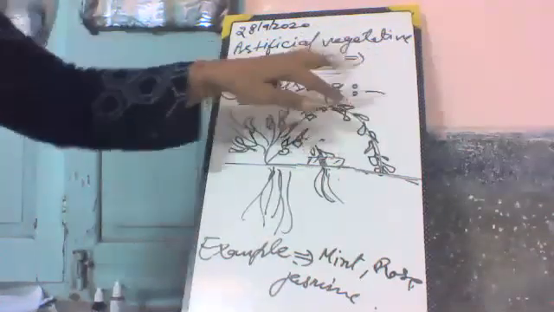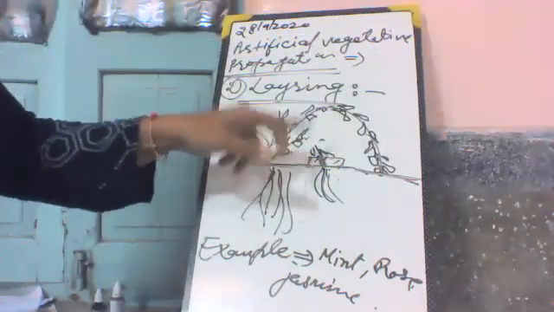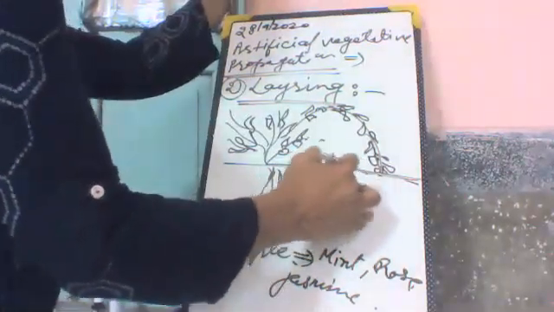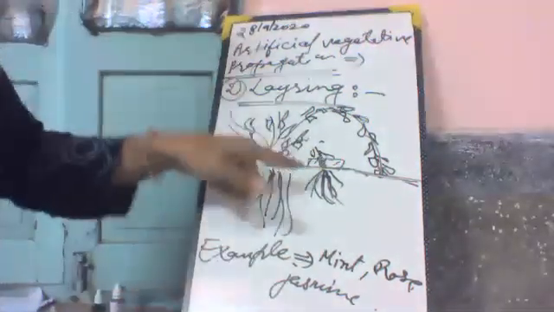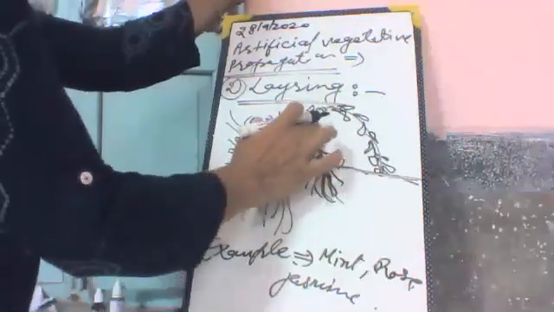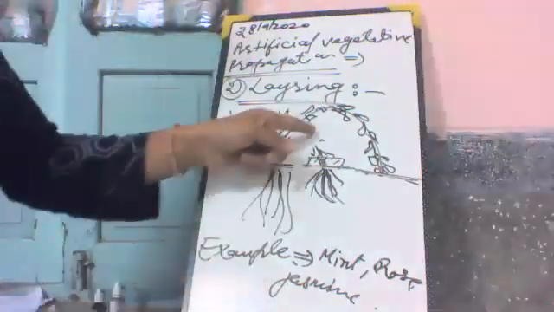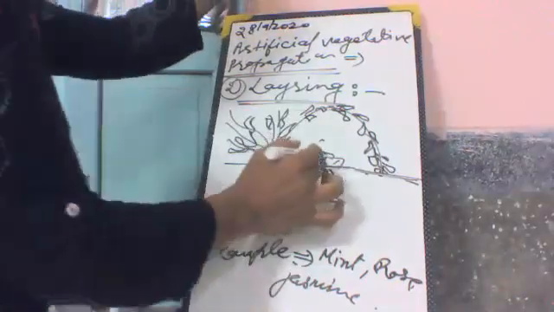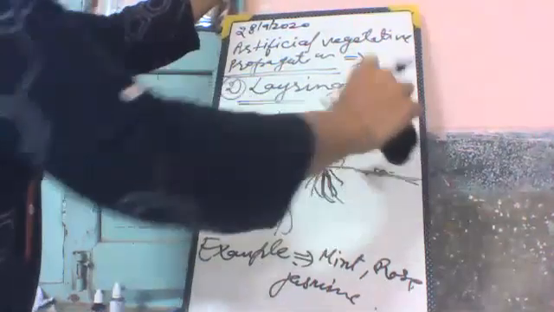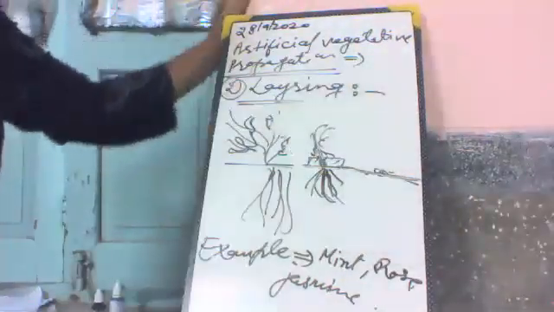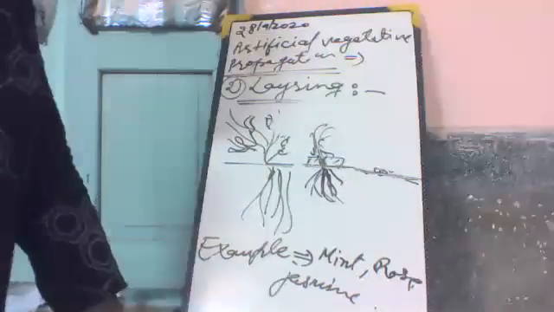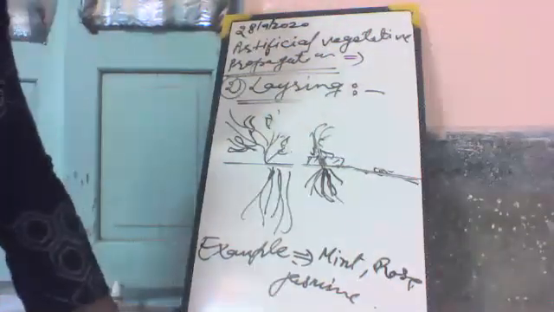Some heavy object like a stone or brick is put on it. After some time, when roots grow, remove the stone and cut it from its parent plant, and it will grow into a new, separate individual plant. This method is known as layering, and examples are mint, rose, and jasmine.